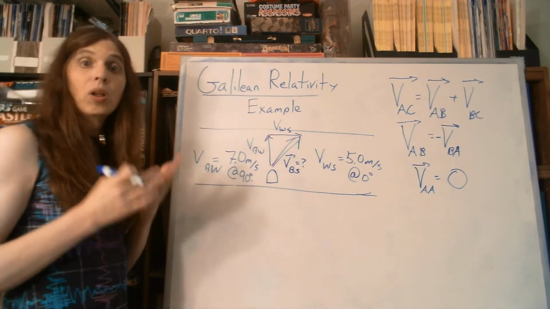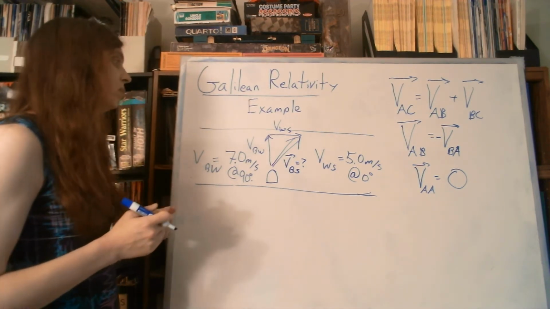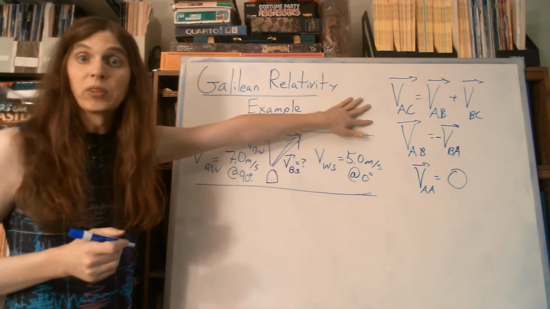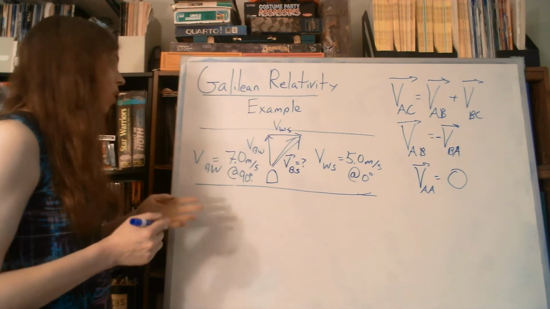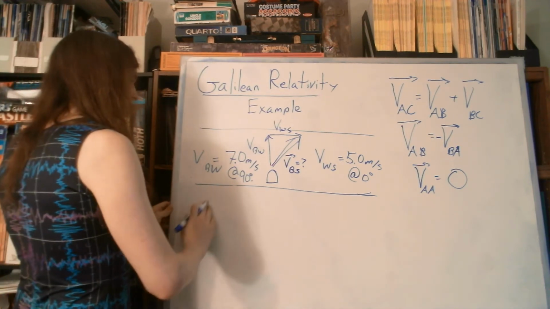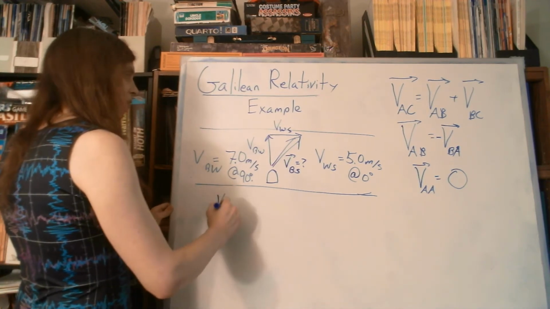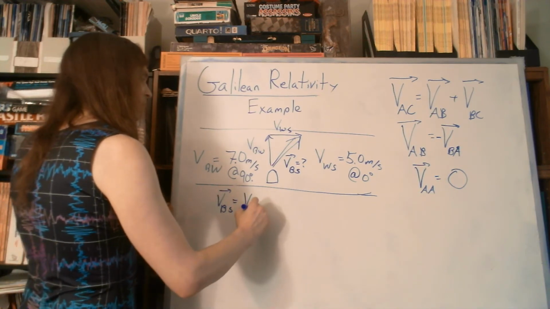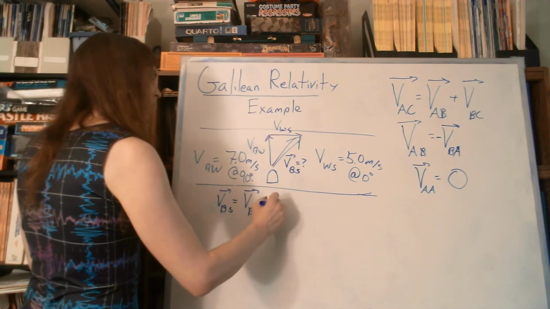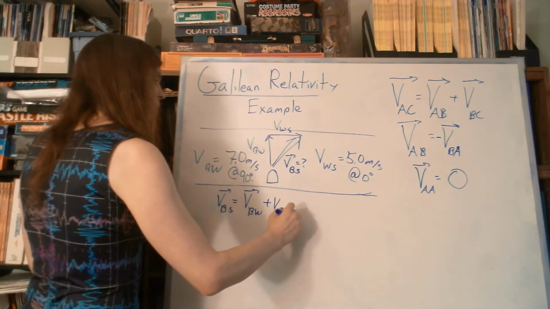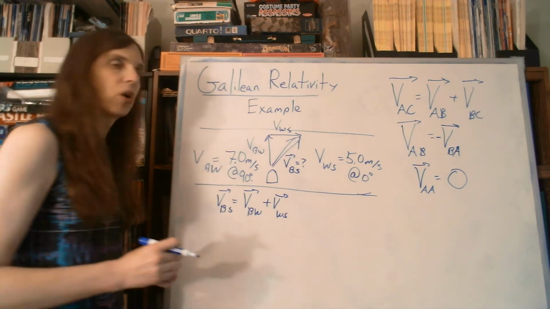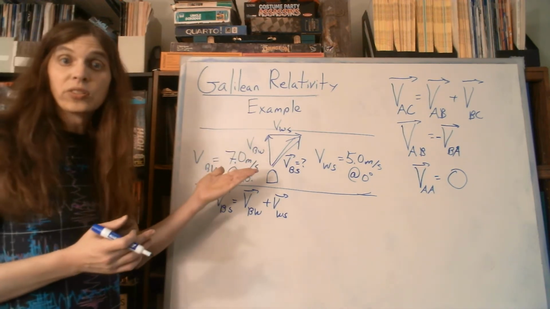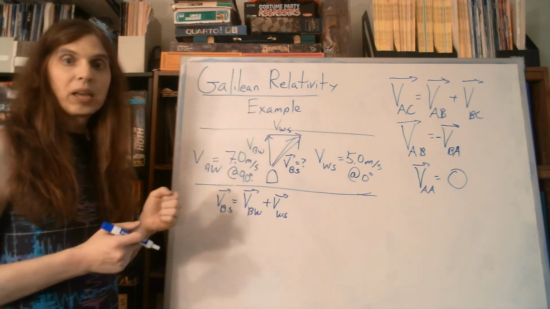And we know from Galilean relativity that the velocity of the boat relative to the shore is equal to the velocity of the boat relative to the water plus the velocity of the water relative to the shore. We're doing vector addition.